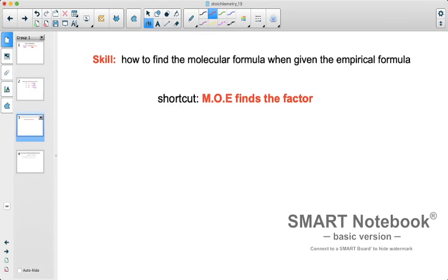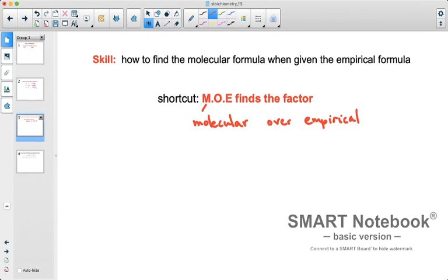And I use Mo as a name, but Mo really stands for molecular over empirical. But Mo will help us find the factor that relates the molecular formula to the empirical formula.